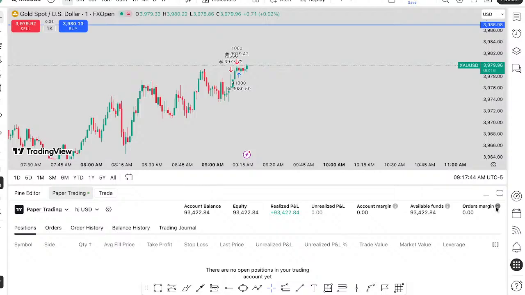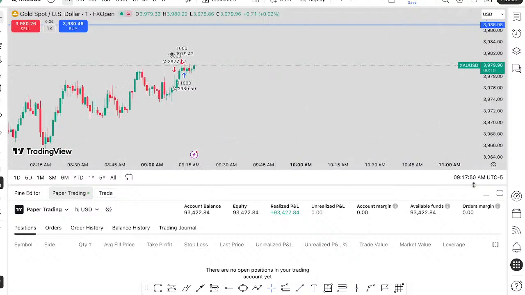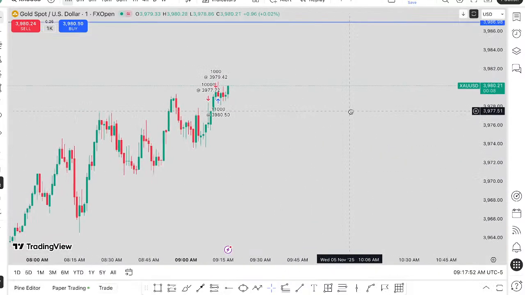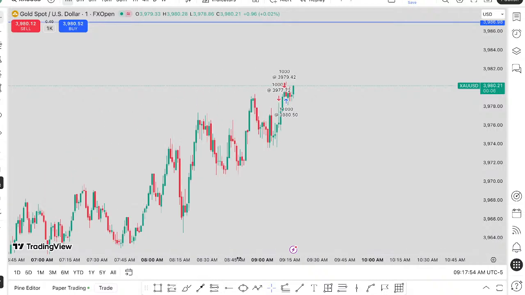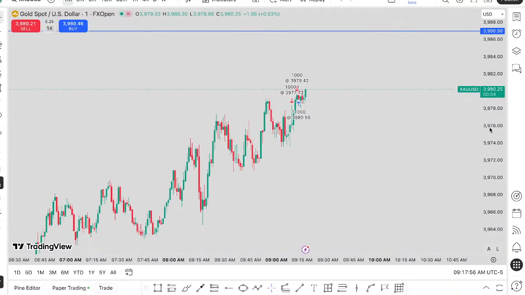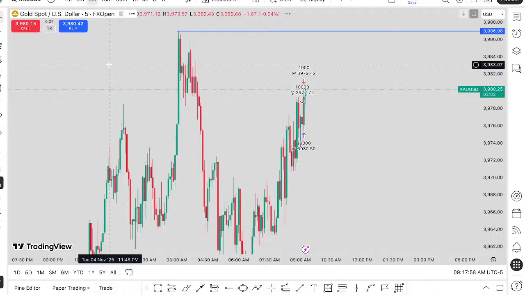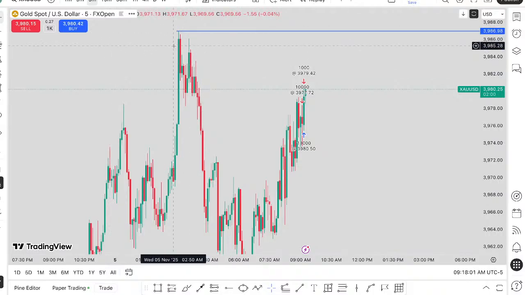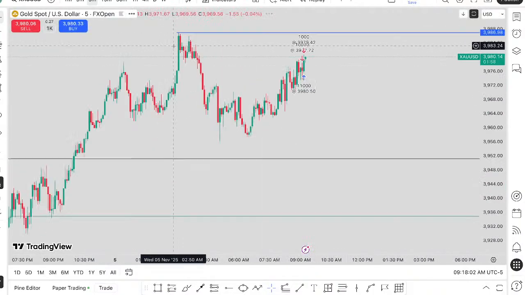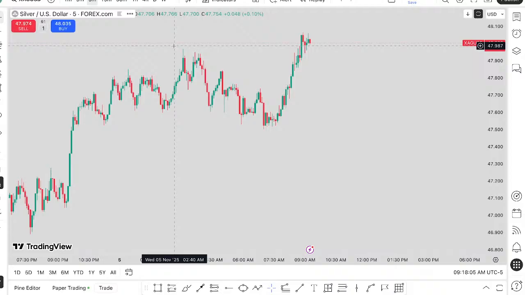So trying to figure out the market things here and there. I already looked at gold and silver. Silver took that high. So if you see here, did you see the previous high?